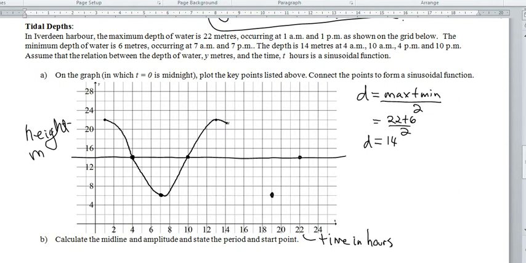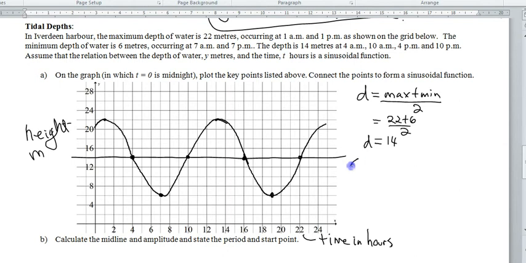And then I think I'm missing one of these. 4 a.m., 10 p.m., 4 p.m. I missed 4 p.m. There we go. This will continue backwards this way like this. And this will continue forwards like that. Right. So the tides are going to keep coming in and going out on that regular cycle.